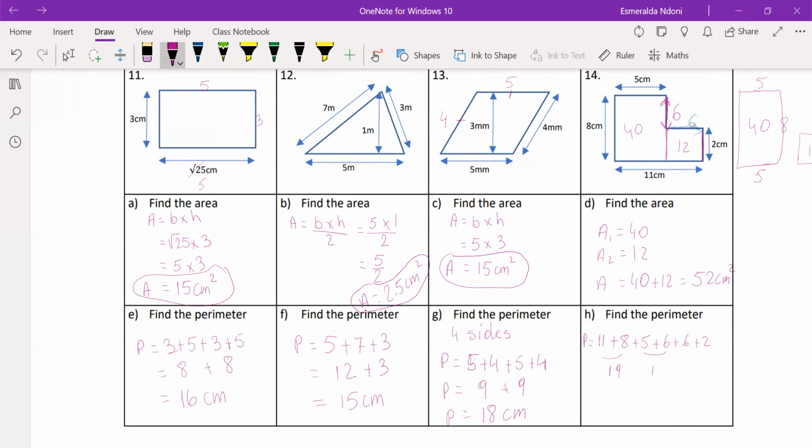These 2 are 11. And these 2 are 8. Now 19 add 11 is 30. And then I still have the 8. So when I add 30 plus 8, it is 38. So the perimeter is 38 centimeters.